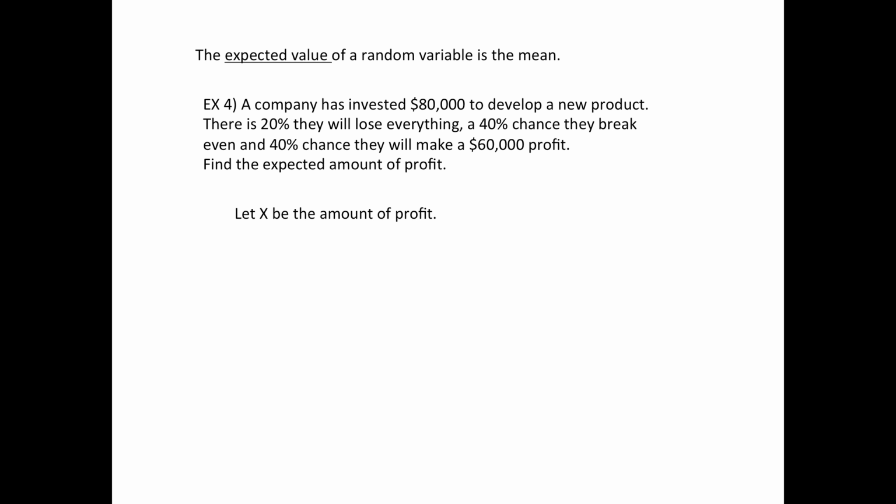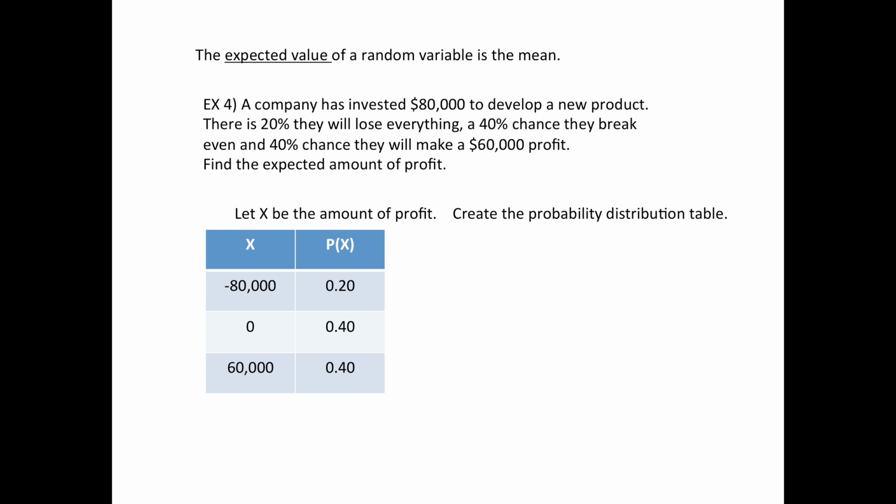Well, begin by letting x be the amount of profit, and we're supposed to find the mean. If we're going to find the mean, then we need the distribution table. So here it is. Now, this first possibility, since we're talking about profit, the first percentage of 20% talked about them losing everything. So that would be a negative $80,000. Ouch. Next, there's a 40% chance they break even. That's zero profit.